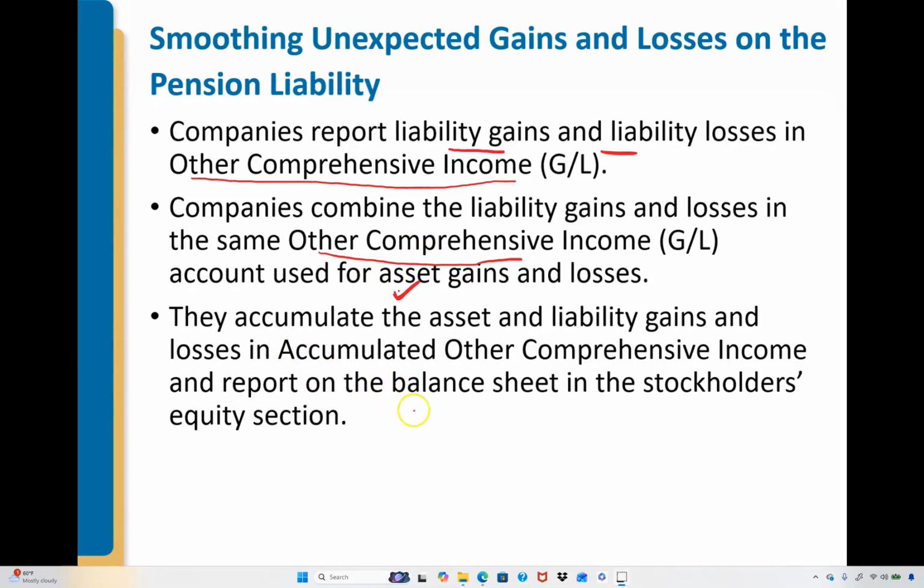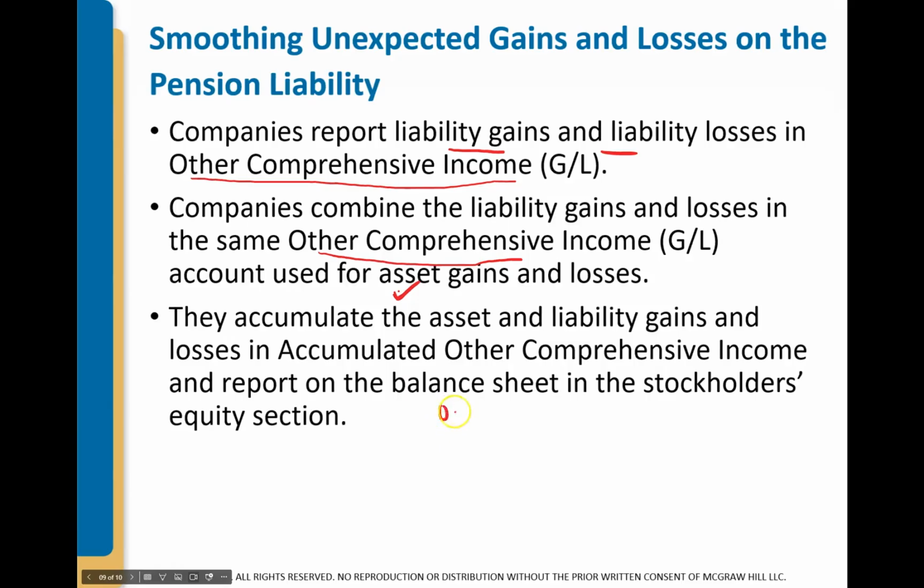And then just like net income closes out into retained earnings at the end of every year, OCI closes out into an account called accumulated other comprehensive income, and that is on your balance sheet in the stockholders' equity section.